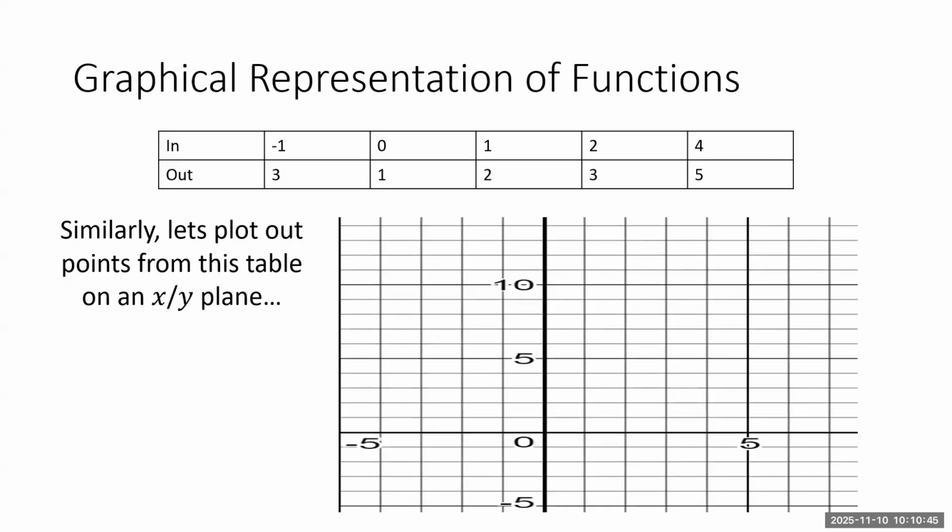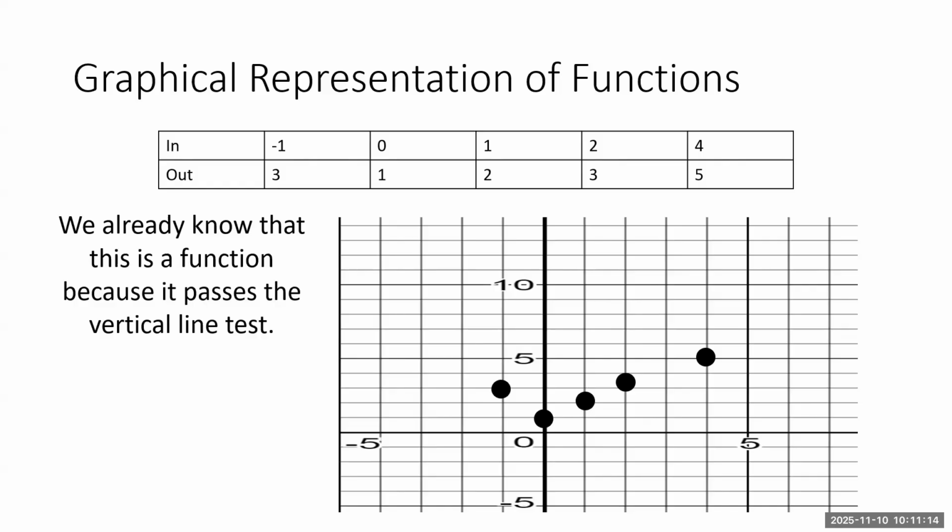Again, I have a blank XY grid, and the point of origin is roughly in the center of the image. I'm going to plot (-1, 3), (0, 1), (1, 2), (2, 3), and (4, 5). Those are now plotted onto the grid.